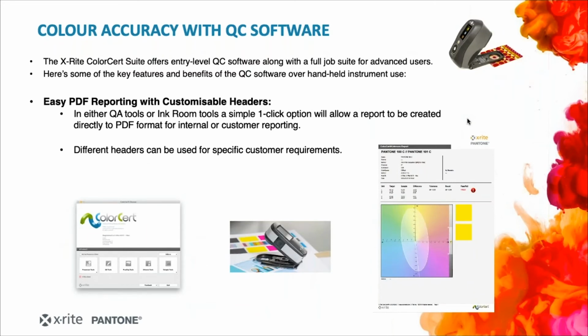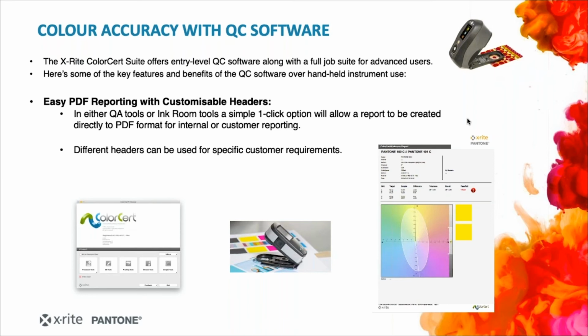Again, one of the big benefits of PC or Mac-based software over a standalone instrumentation is the ability to produce customizable reports easily and quickly. A couple of examples there for you on this slide. Here you can see a simple report produced by measuring two different samples.